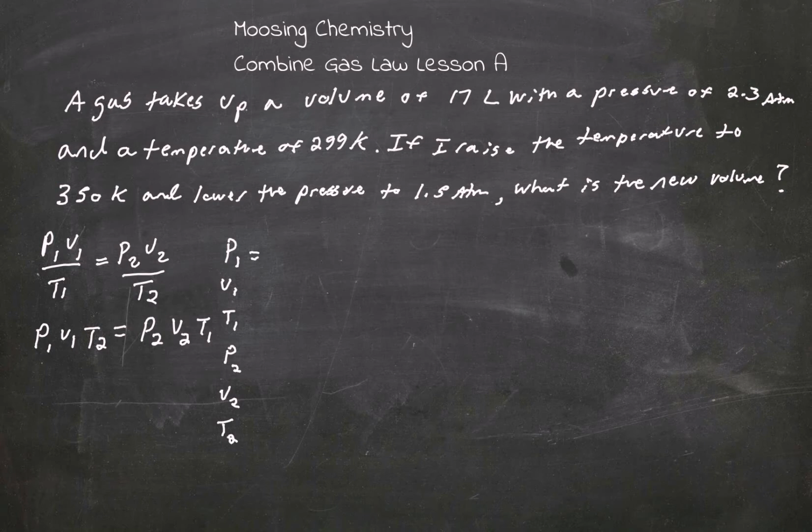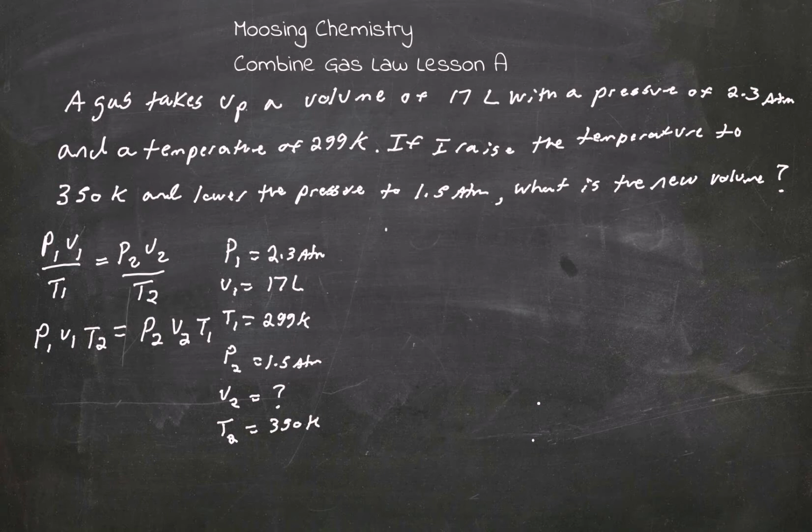My first pressure was 2.3 atm. My first volume was 17 liters. My first temperature was 299 K. Good, I don't have to convert it, because if it was in Celsius, I would. If I raise the temperature to 350 K, there's our second temperature, and lower the pressure to 1.5 atmospheres, there's our second pressure. What is the new volume?